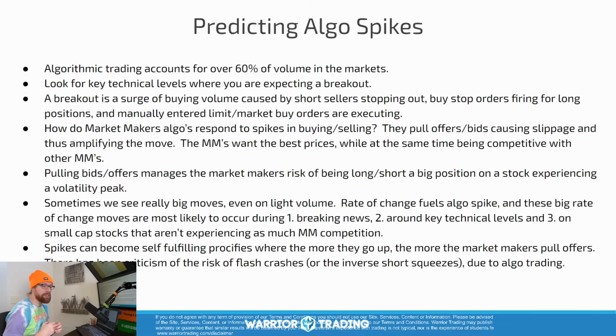There's definitely been criticism of how algorithmic trading can fuel volatility in the market, like flash crashes. But there's also the argument that the market makers provide liquidity because they're there taking the risk. If you want to sell, they're there to buy your shares. And when you want to buy, they're there to sell you shares.